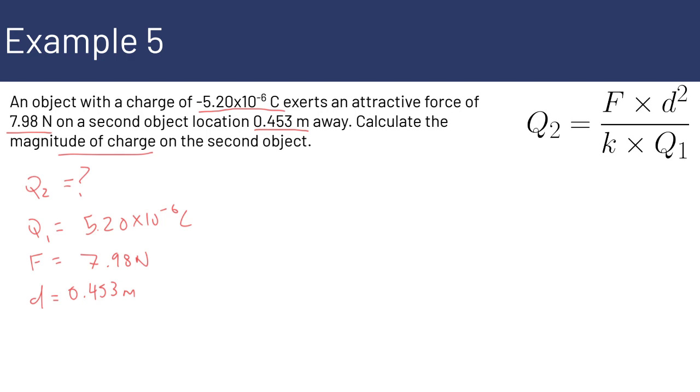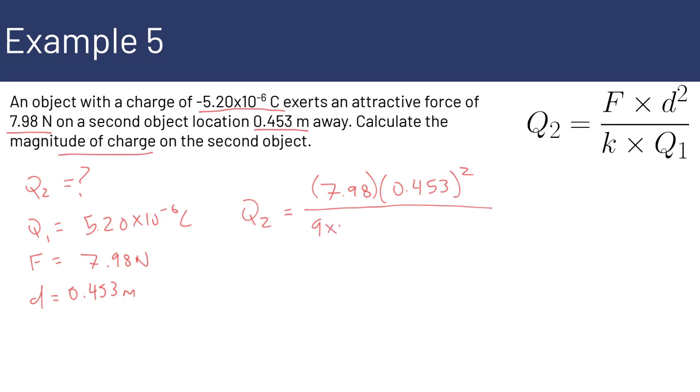All right, so if we look at our equation here, we have force times distance squared over K times Q1. So let's just plug all this in. Our force is 7.98. Multiply that times our distance squared, so that's 0.453 meters, and we square that.